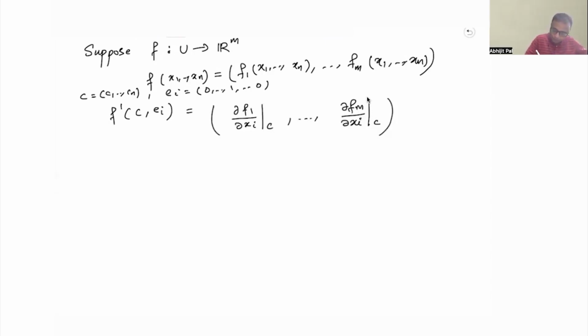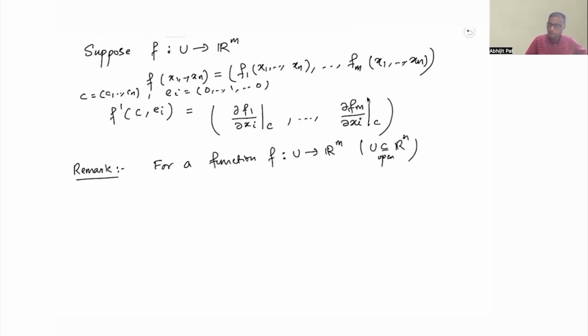So, remark. For a function f from U to R^m, where U is an open set in R^n, the directional derivatives of this function may exist, but the function may not be continuous.